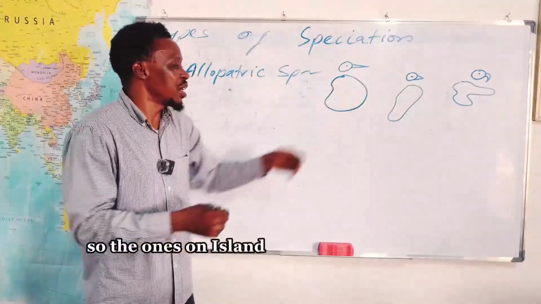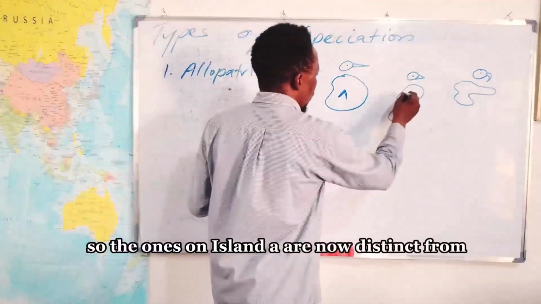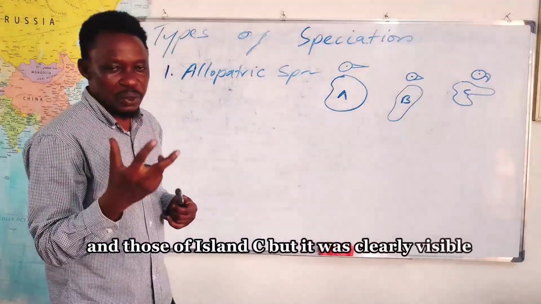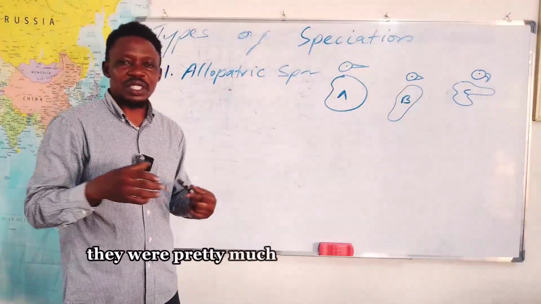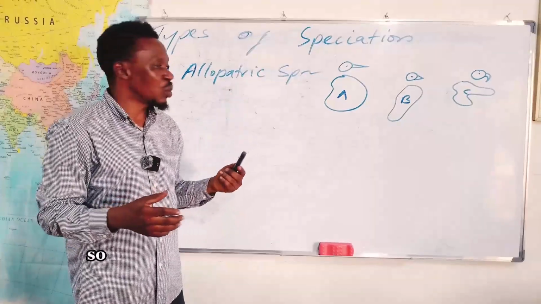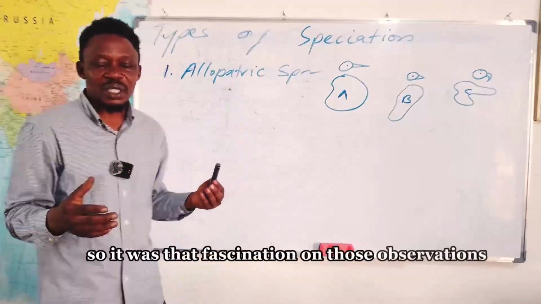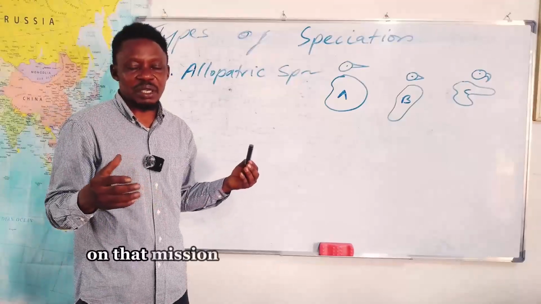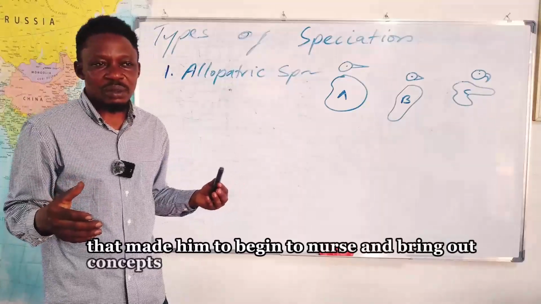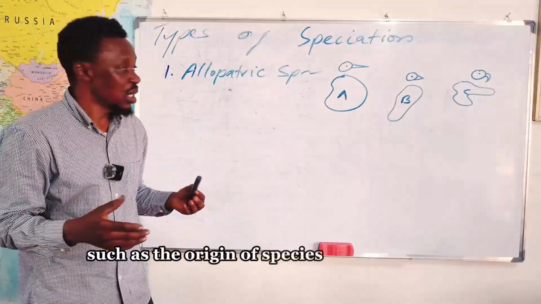So the ones on island A are now distinct from those of island B and those of island C. But it was clearly visible to him that they were pretty much the same finches. So they underwent speciation. It was that fascination and those observations on that mission of his that made him begin to nurse and bring out concepts such as the origin of species and all of that.